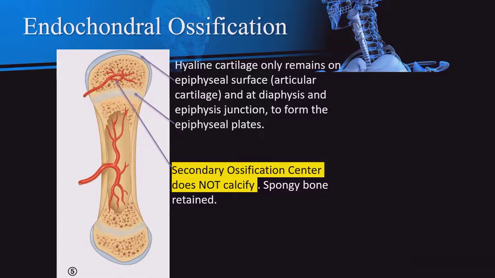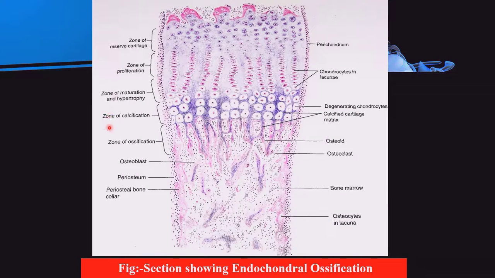Now we have a section that shows the endochondral ossification. When you look at the histological picture carefully, you can observe various zones. The upper part represents the cartilaginous part and the lower part is bony or shows new formation of bone. As you can see, there are chondrocytes entrapped within the lacuna and they are starting to degenerate.